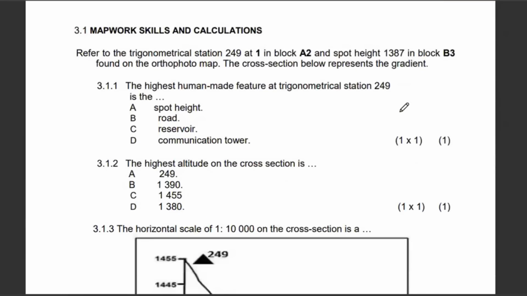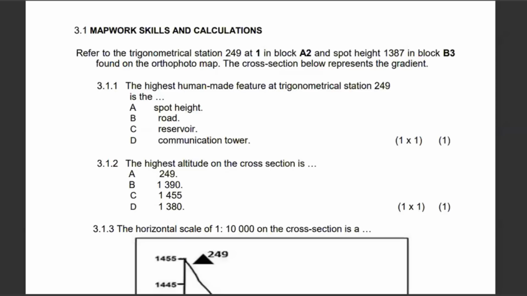Right. The first question is saying, the highest human-made feature at trigonometrical station 249.